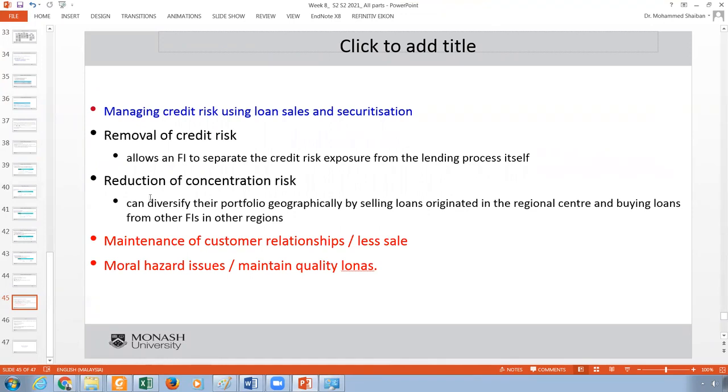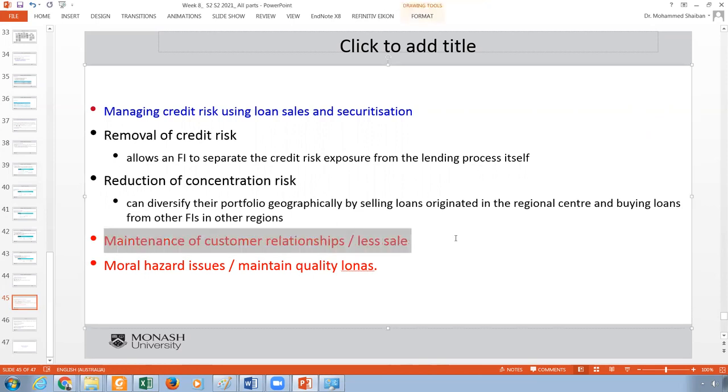They come to you, they take the loan from you, then suddenly they are requested to pay their installment to another buyer, and later on another buyer comes. If this customer is yours, maybe you will lose the relationship between you and your customers.